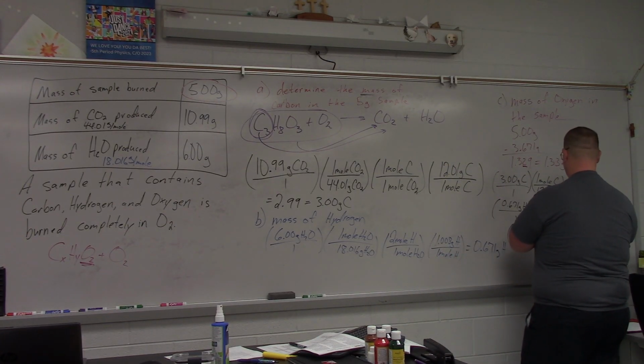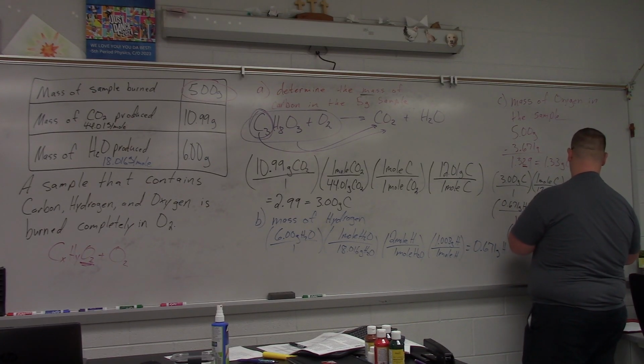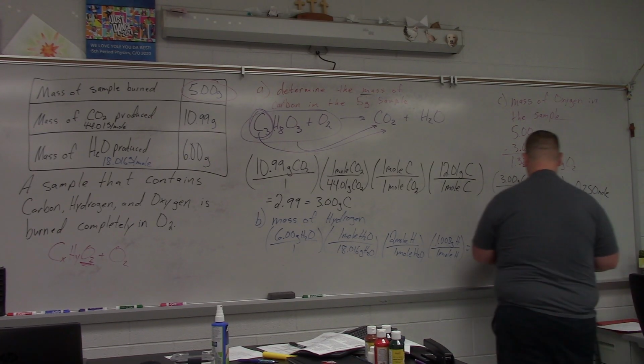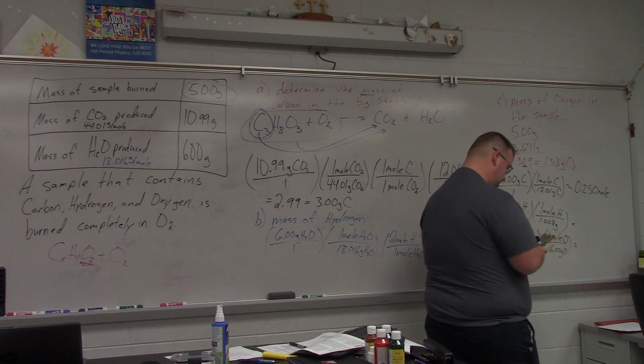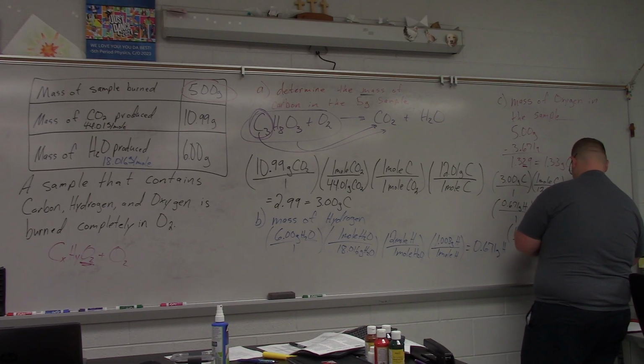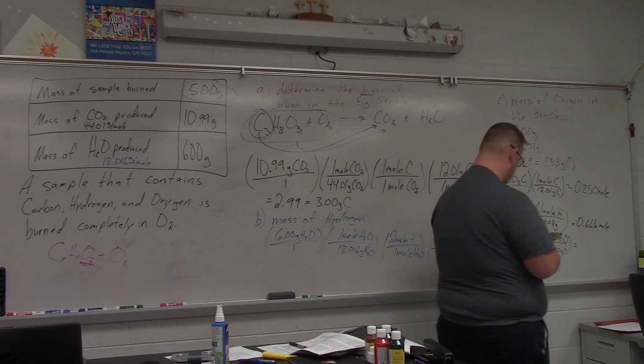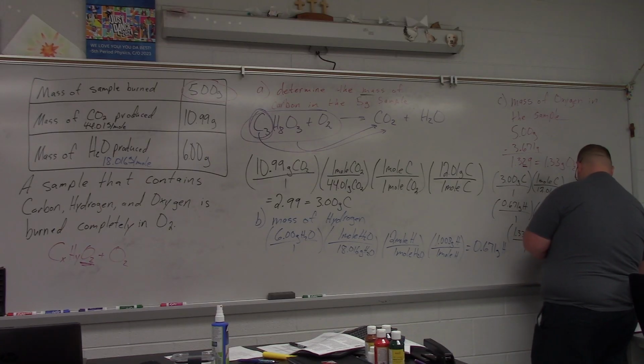I get 0.250 moles of carbon. Then 0.671 divided by 1.008 gives 0.666 moles of hydrogen. And then 1.33 divided by 16 gives 0.0831 moles of oxygen.